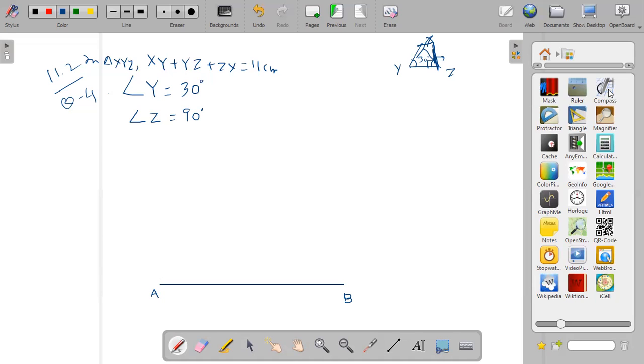So first 30 degrees. Drawing 30 degrees is very easy. We have to draw 60 degrees and the bisector of 60 degrees will be 30 degrees. Okay. So draw here 30 degrees. For 30 degrees, you need to draw 60 degrees.